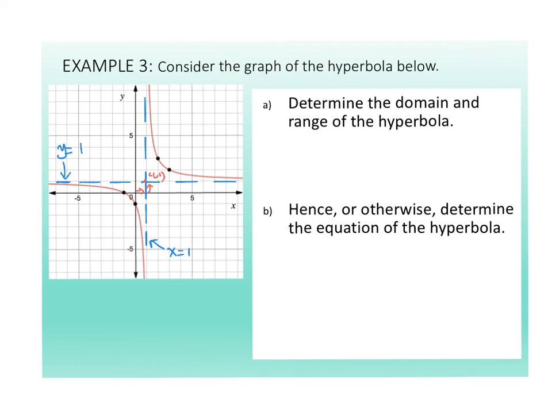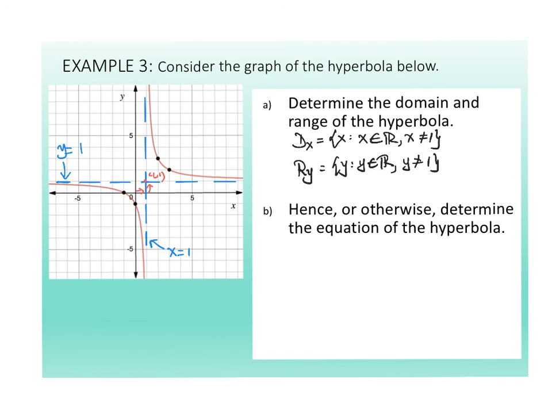So the domain of the hyperbola would be x is such that x is an element of the real numbers, this time x does not equal 1. Same with the range: y is such that y is an element of R and y does not equal 1.